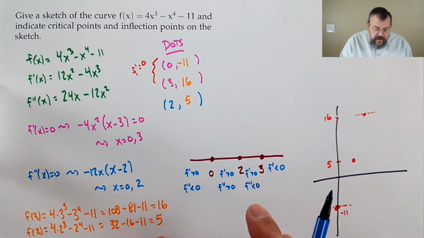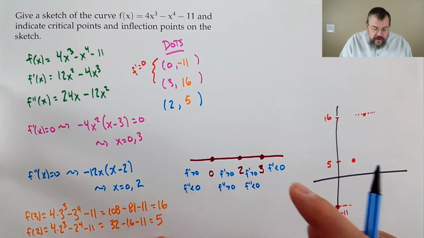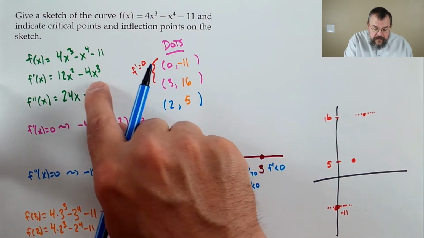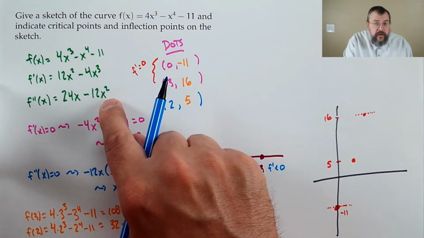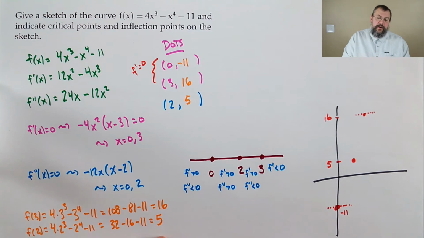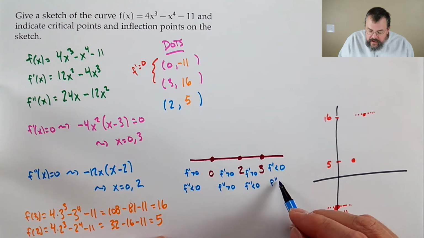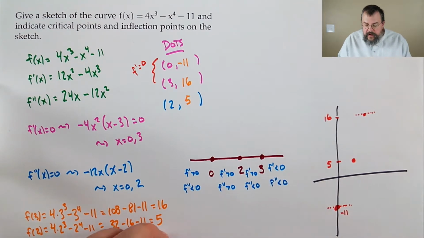How about after 3? Well, plug 4 in. And you could, or 1,000,000 or whatever. And you can see that the x squared term will dominate as you get a very large number, and therefore it's negative. So we see, aha, our second derivative is negative. All right, now, why are we doing this?